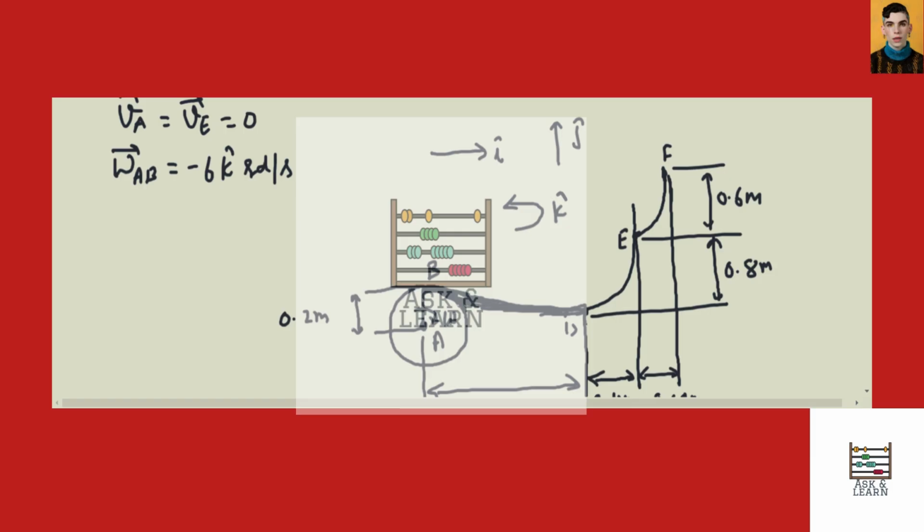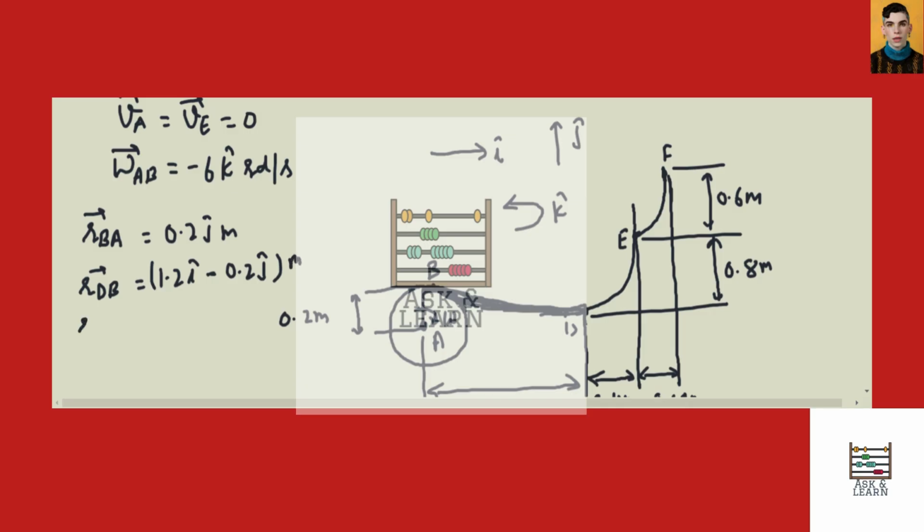Now by the geometry you can form the various position vectors like the vector r_BA. You may see in the figure, this is B, this is A. So the r_BA vector is 0.2 j cap meter. The r_DB vector, from B to D, this one, will be 1.2 i cap minus 0.2 j cap meter.